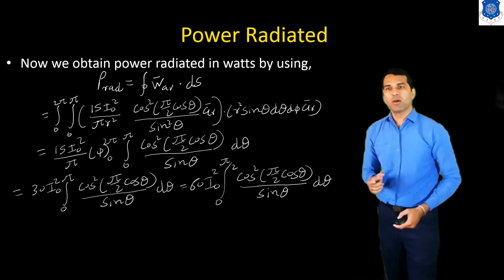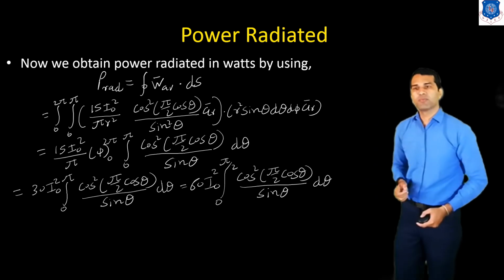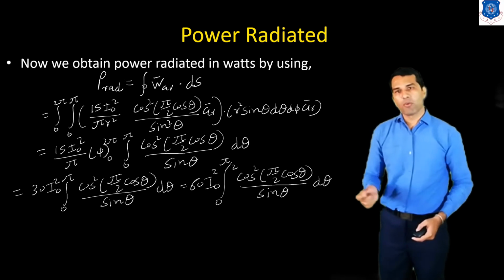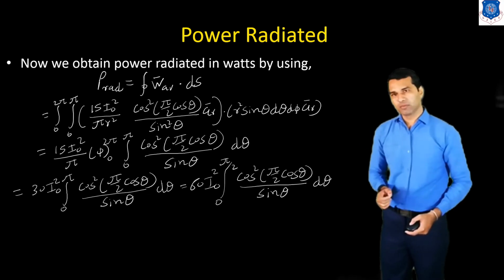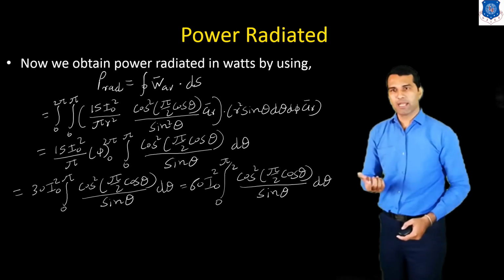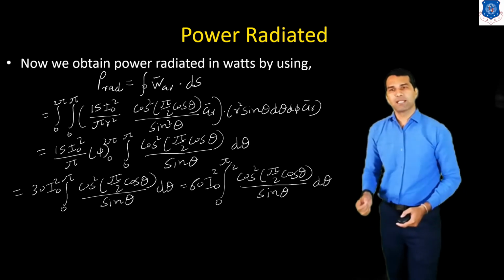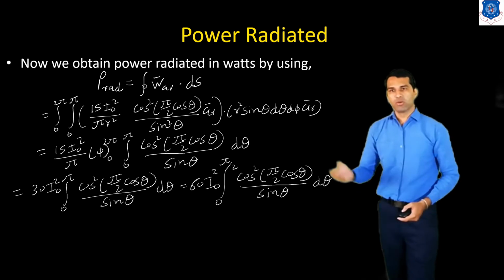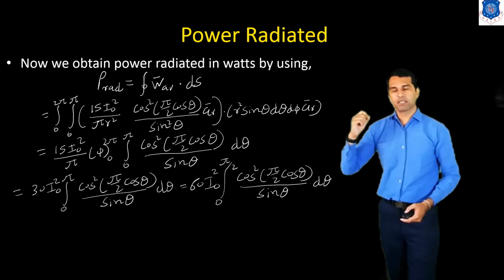We have the value of W average as 15 I0 square upon pi r square, cos square of pi by 2 cos theta upon sin square theta into a r, and for dS we know that the spherical area is r square sin theta d theta d phi into a r.